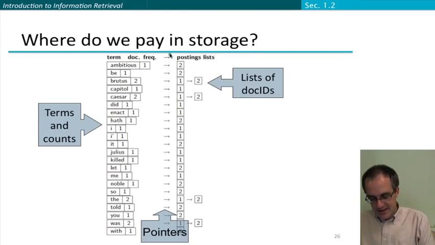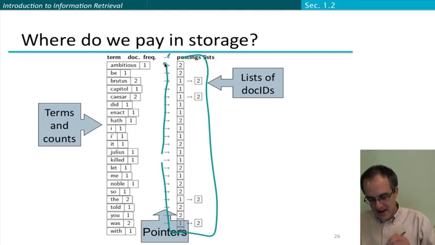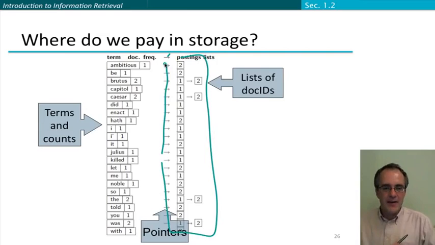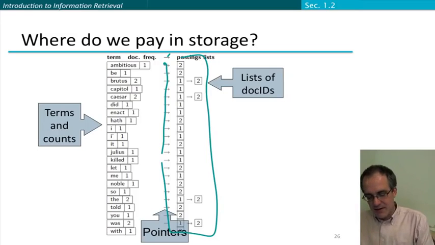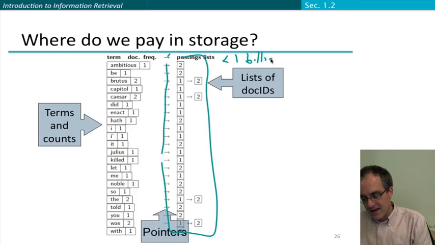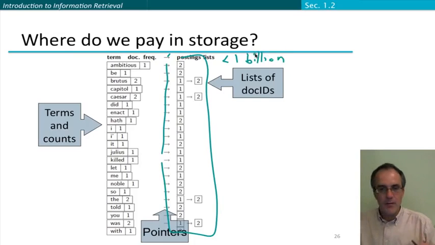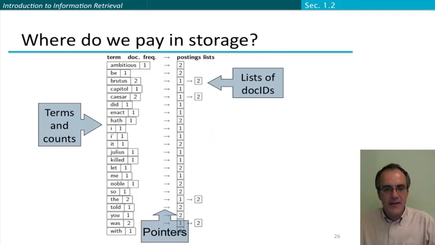And these postings lists are by far the biggest part, but even then they're bounded by the size of the number of tokens in the collection. So in our example before of the 1,000,000 documents of average length 1,000 words, we're still less than 1 billion items there, and so storage is manageable.